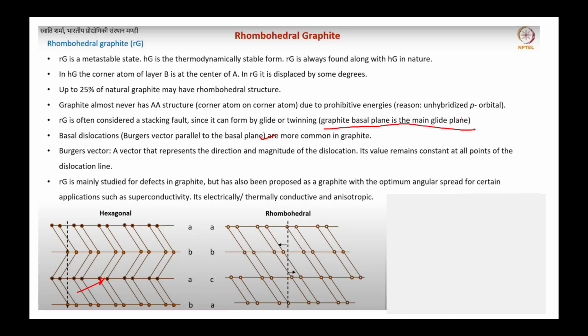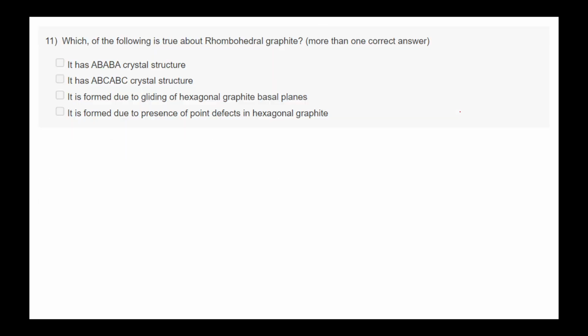In rhombohedral graphite, consider stacking faults, which can be formed by glide twinning. So it is formed due to the gliding of hexagonal graphite basal planes.